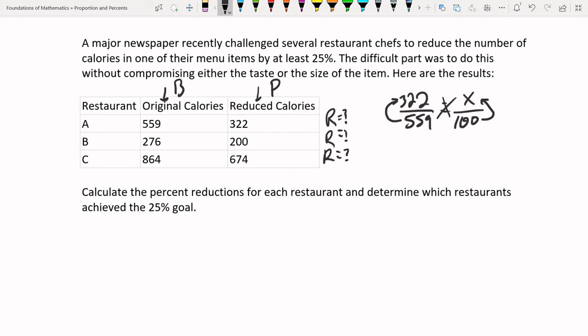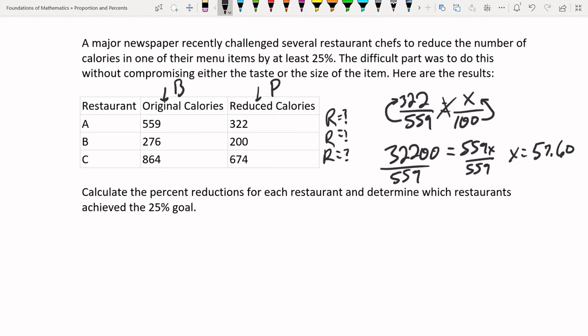Cross multiply and divide. 100 times 322 is that, 559x. So x equals, let's see, 32200 divided by 559, we have 57.60. I'm going to round to 2 decimal places.